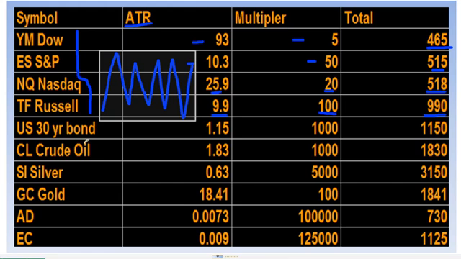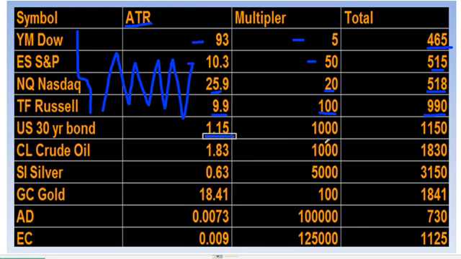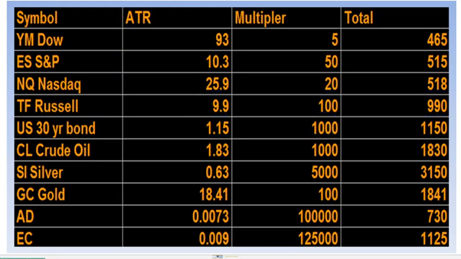So the 30-year bond moves about 1.15 points a day. It's worth $1,000 a point, so you're going to make or lose about $1,150 in a day. Now the cool thing about the 30-year bond is they trade like this: they go up, pull back, go up, pull back, go up, pull back, and go up.